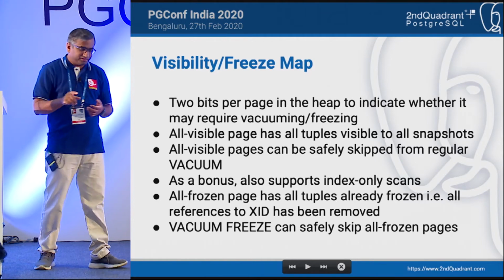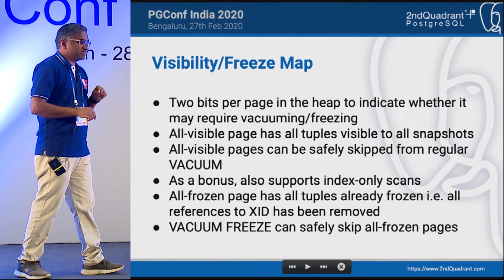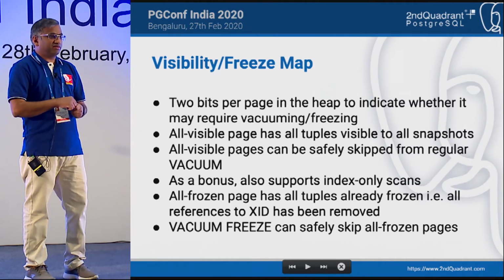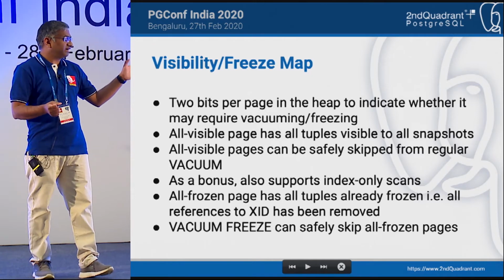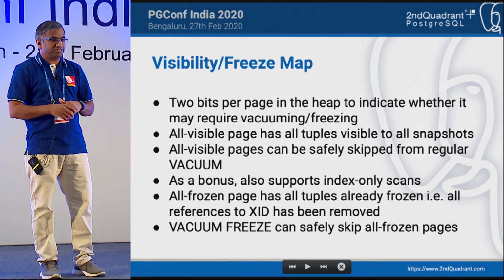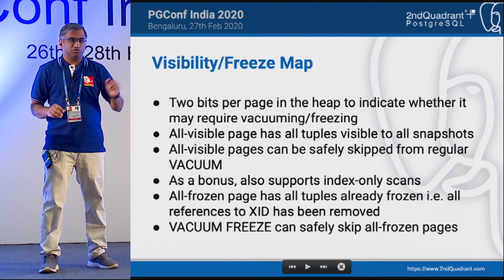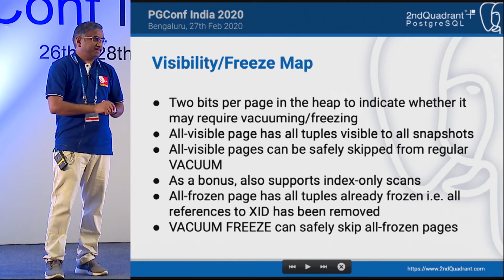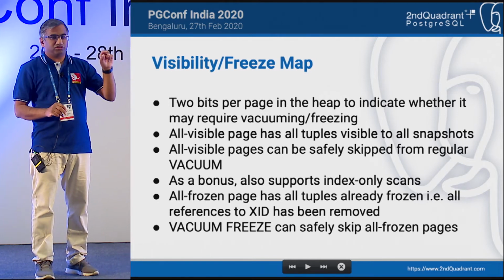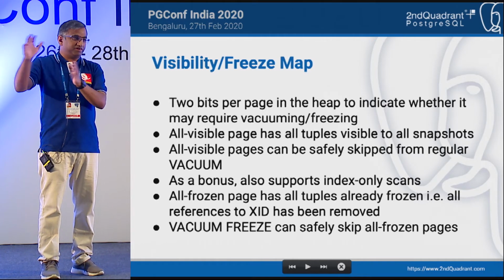So the first challenge, scanning the same page again and again during every vacuum operation, is solved by something called the visibility and freeze map. What we do in Postgres now, and this has been a big improvement to MVCC, is that we maintain a bitmap, 2 bits per page, in a separate file.